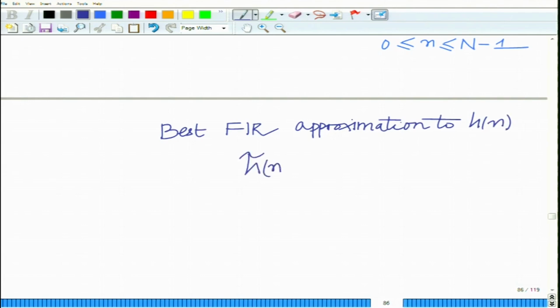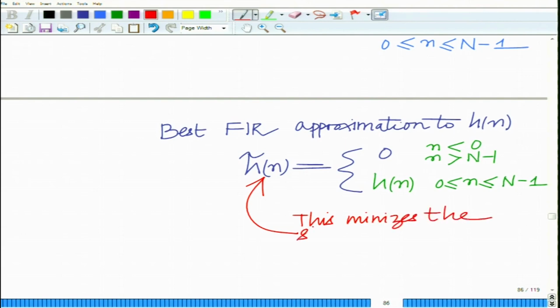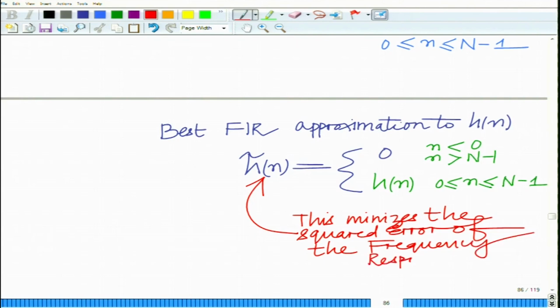So, the best FIR approximation, the capital N tap FIR approximation, is h tilde n equal to 0 for n less than 0 or n greater than N minus 1, and equal to h of n for 0 less than or equal to n less than or equal to N minus 1. This minimizes the squared error of the frequency response.